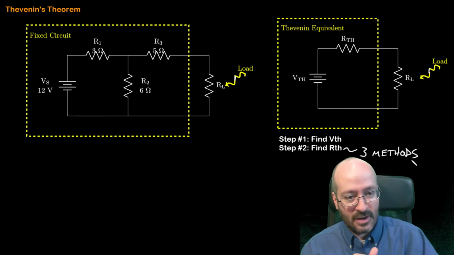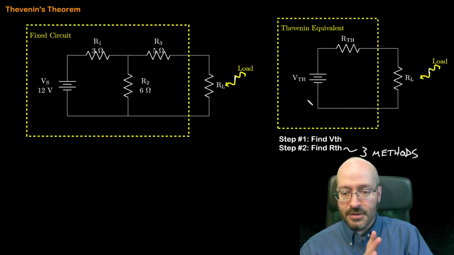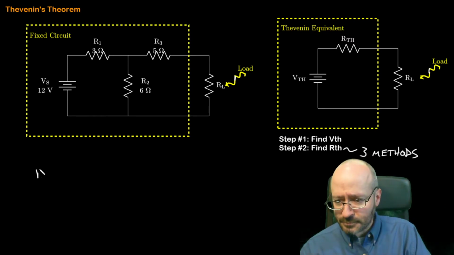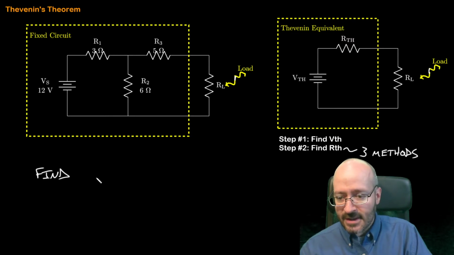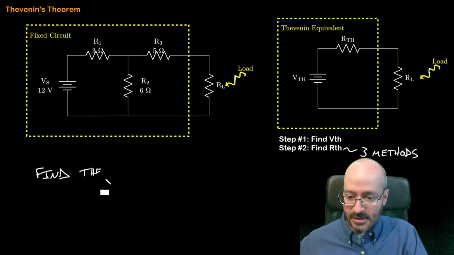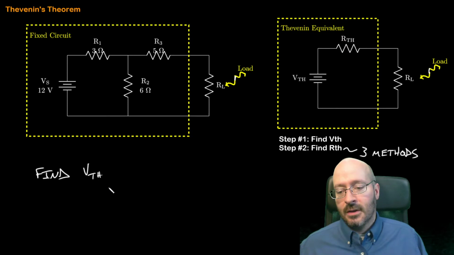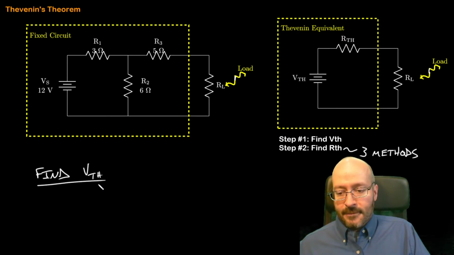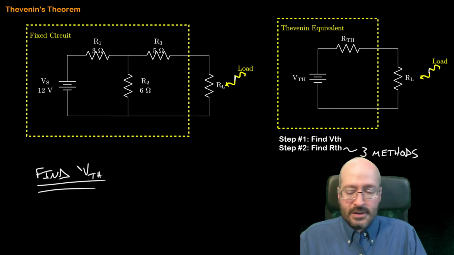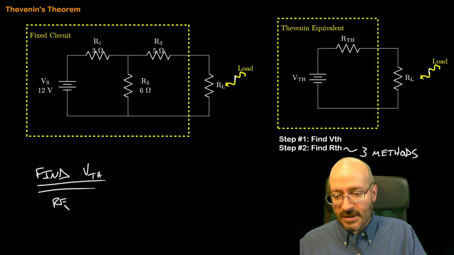Okay, so we want to figure out what this voltage is. All right, so let's get at it. Find the Thevenin voltage. Let's just use the abbreviation. Okay, find V Thevenin. Start with that. What we want to do is remove the load if it's drawn.